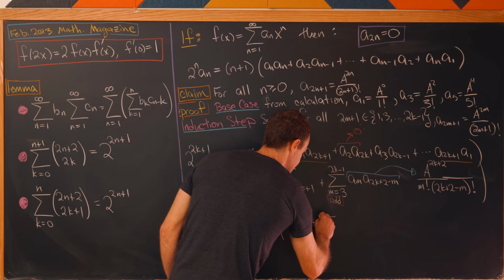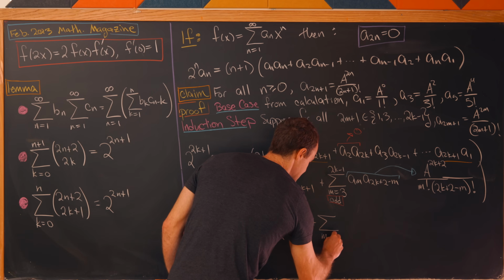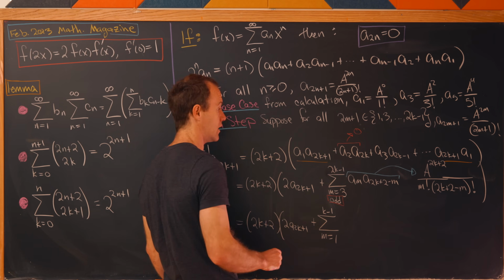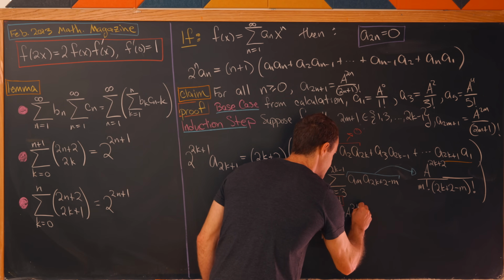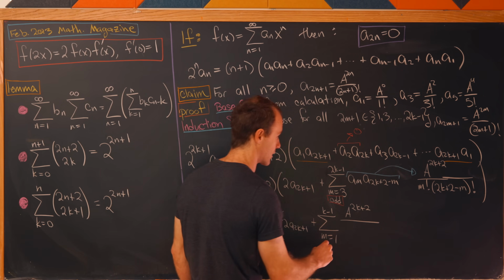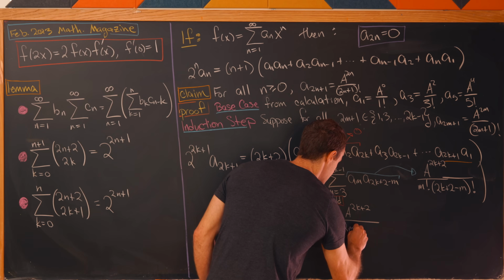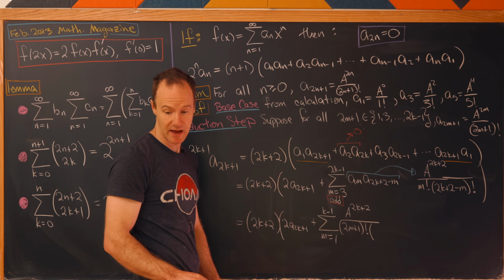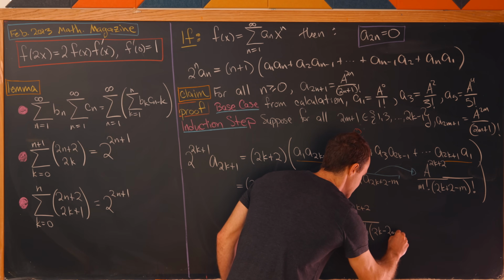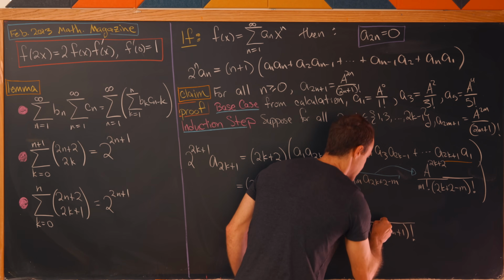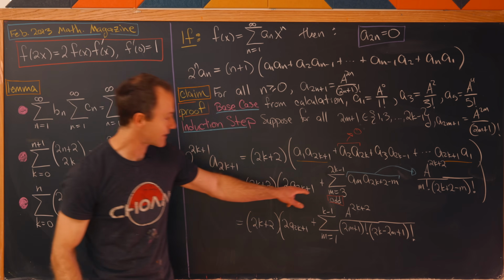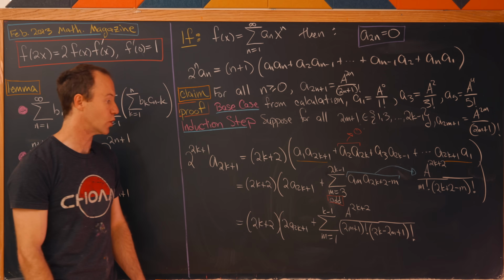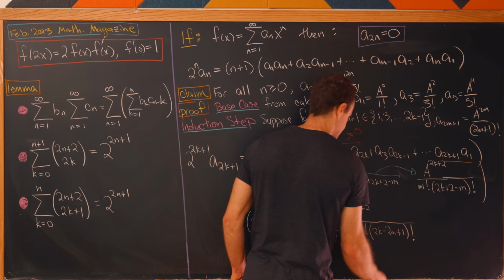And now this is going to turn into the sum as m goes from 1 up to k minus 1 of A to the 2k plus 2 over 2m plus 1 factorial, and then multiplied by 2k minus 2m plus 1 factorial. Okay, so that's exactly the same as this sum right here where I've inserted these terms and then I've re-indexed to only include the odd terms.